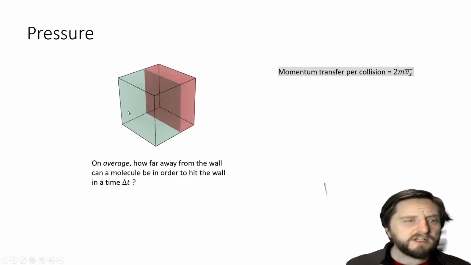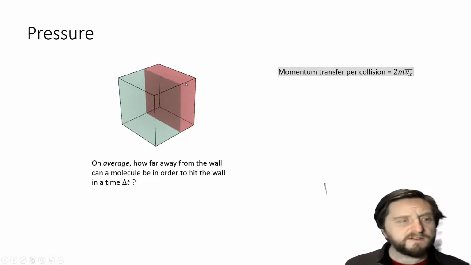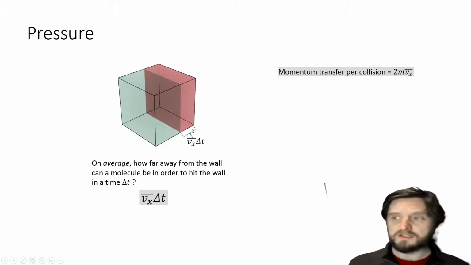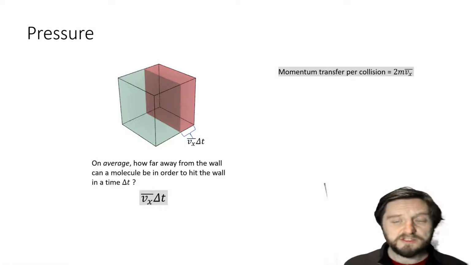A molecule right over here, depending on how long delta t is, might not have enough time to reach this wall. So you're going to be able to draw a little sub-box, and only things which are a distance average velocity times delta t away are going to be within range of the wall within that time.